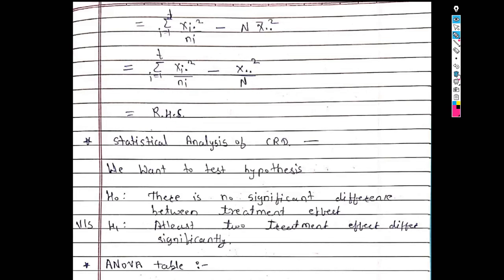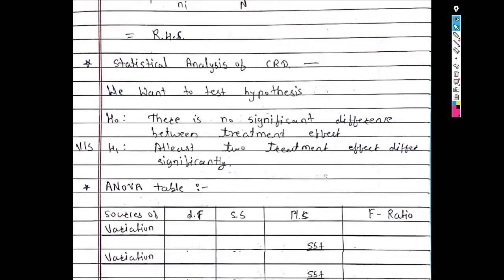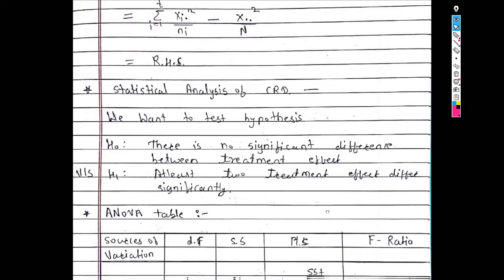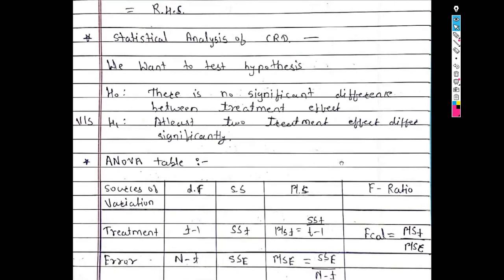So this is what we have about treatment sum of square and total sum of square. Now we are going to discuss the statistical analysis of completely randomized design. When we consider this design, we are interested in testing the hypothesis H naught: there is no significant difference between treatment effects.